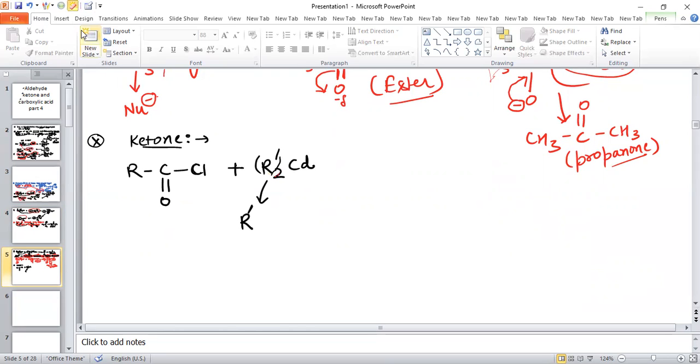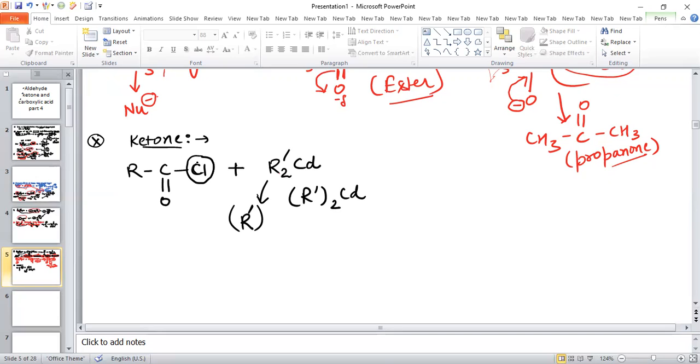You can write it this way: R dash twice Cd. So the R dash group comes from this dialkyl cadmium, and this R dash will replace this chlorine.